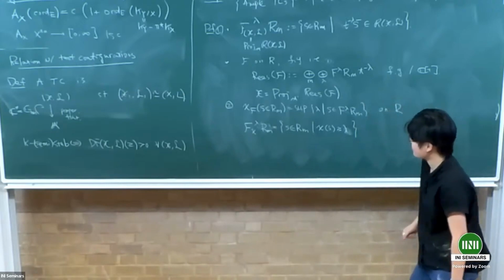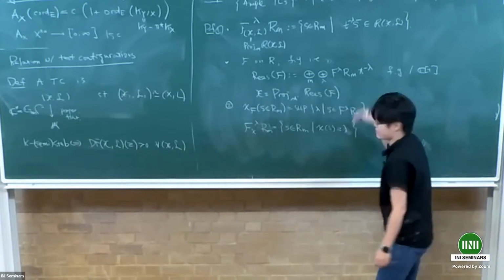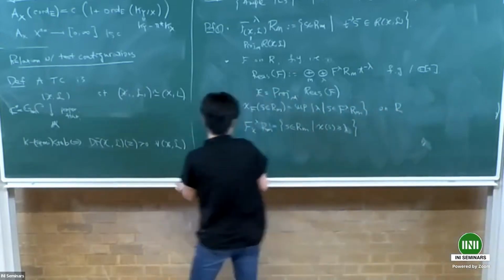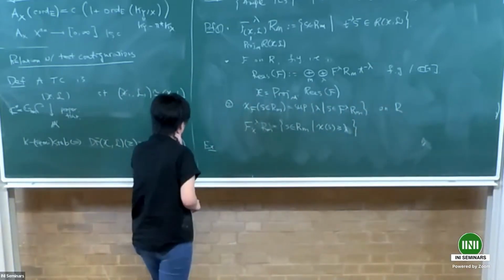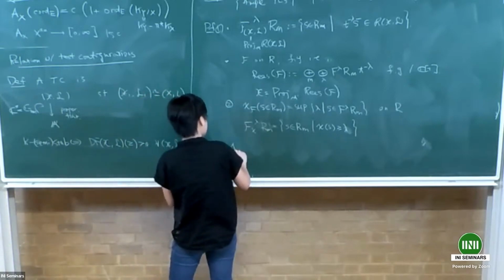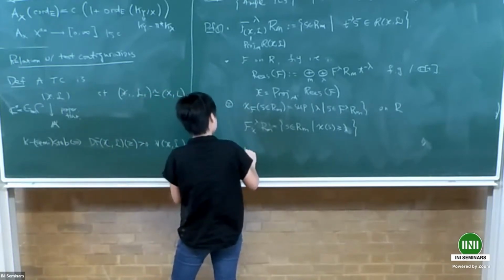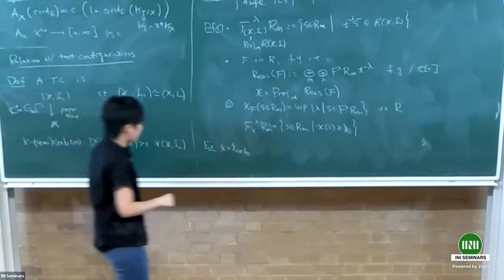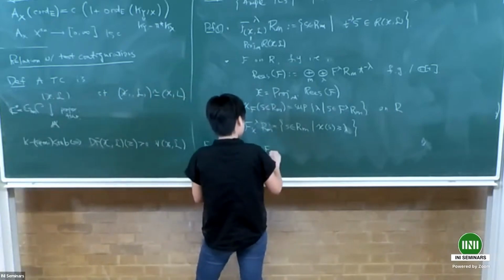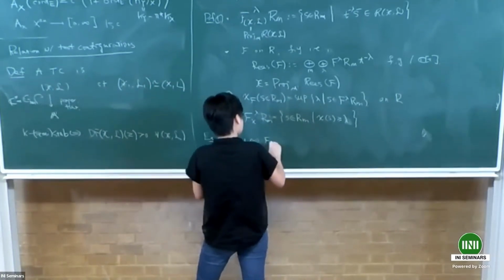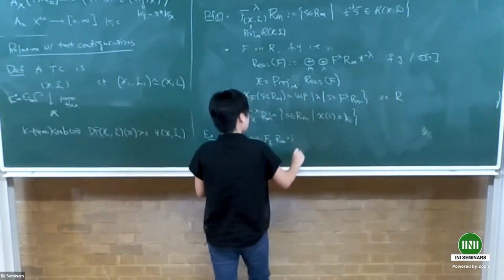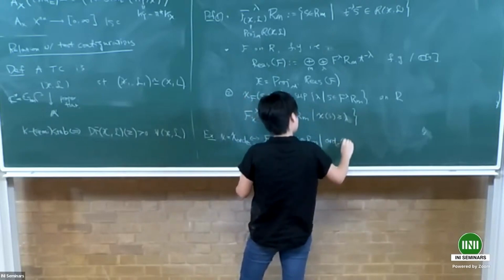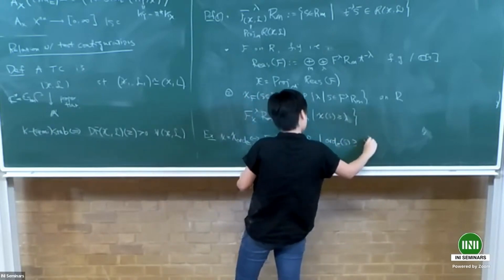Yeah, both of these things are on R. So an example is you can take chi to be something associated to a valuation, say order of vanishing along E as before, and then the corresponding filtration is going to be, in this case, order of vanishing along E is at least lambda.